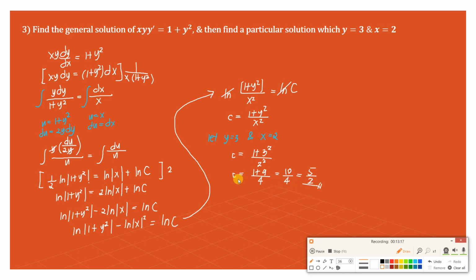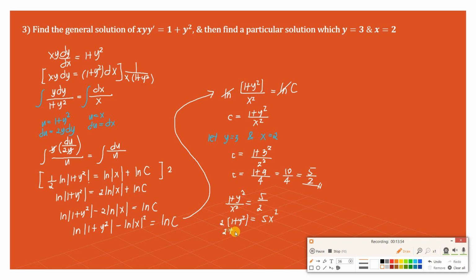So, we can substitute the value of c to the original solution. Ano yung pinaka-solution natin kanina? Ito. So, pwedeng maging 5/2. Or, we have 1 plus y squared over x squared is equals to 5/2. Or, by cross multiplication, 2 times 1 plus y squared is equals to 5x squared.